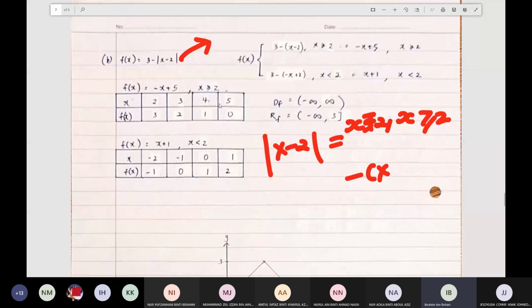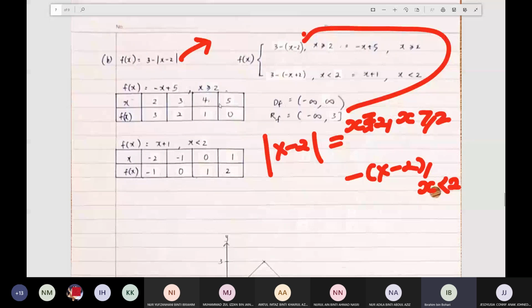Second, negative x minus 2, and the value of x here, x less than 2. And this function, x minus 2, you substitute into the f(x). So ke sini. And the first function, f(x) equals negative x plus 5.